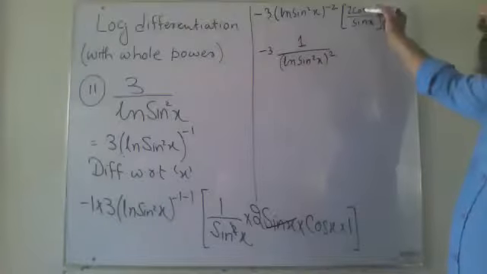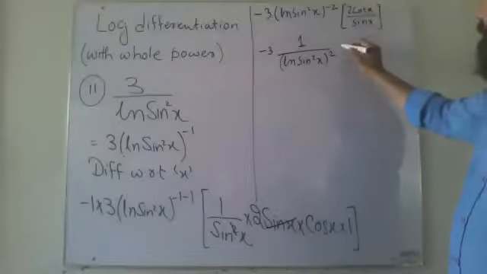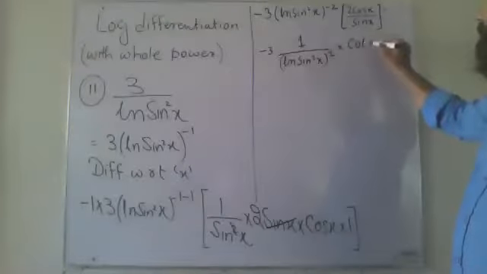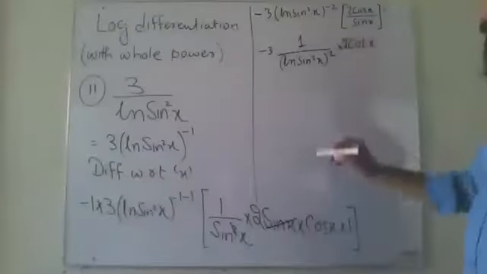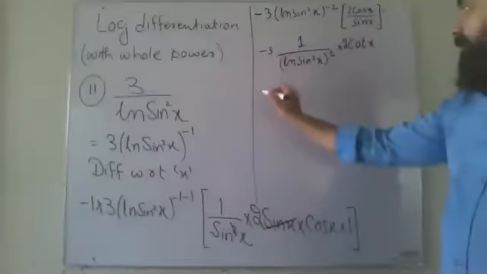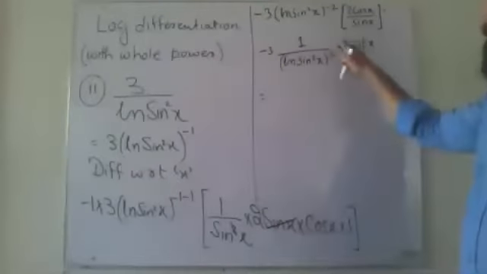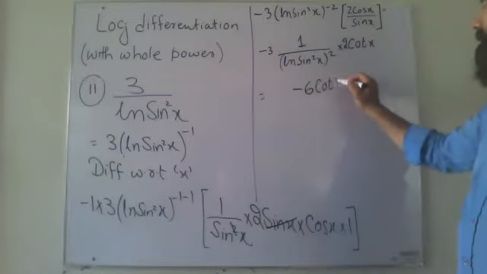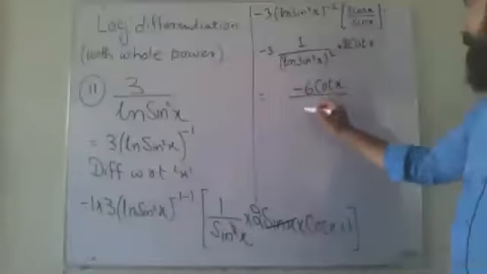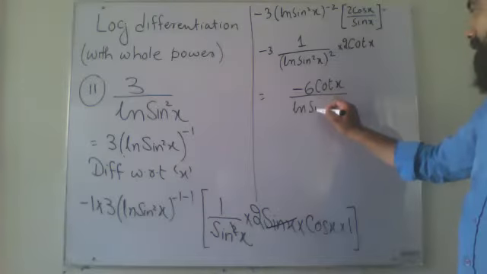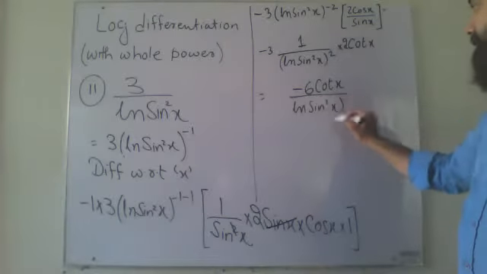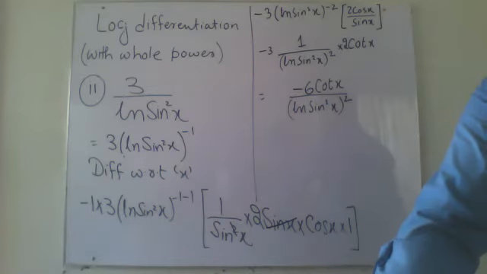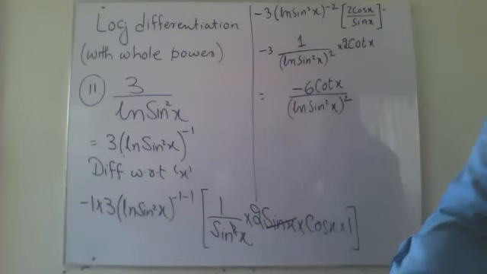And cos x over sine x will become cot x, with the 2. Final simplification: minus 3 multiplied by 2 will become minus 6 cot x over (ln sine square x) whole square. Okay, so this is my working.